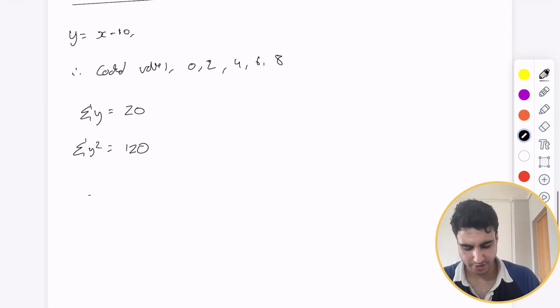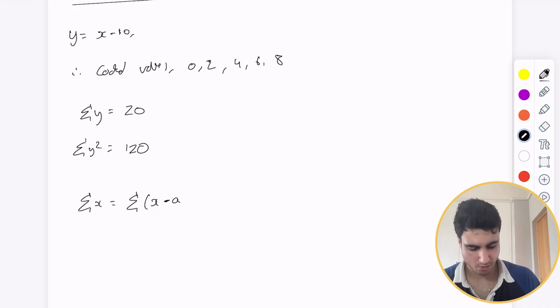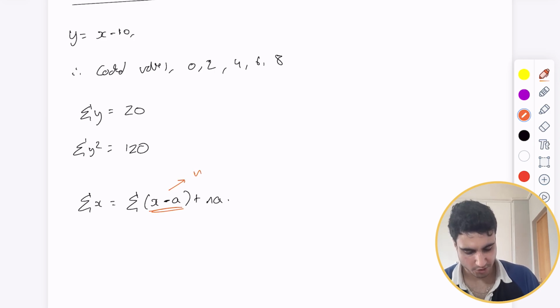Going from the rules again, the sum of x is equal to the sum of x minus a plus na. And this x minus a really just represents the code, which is y.